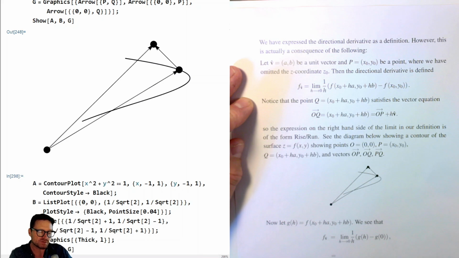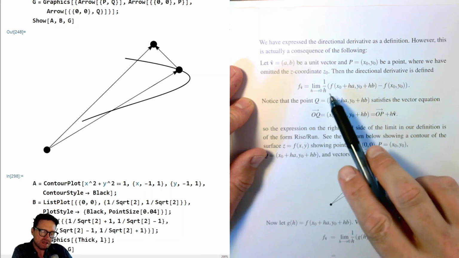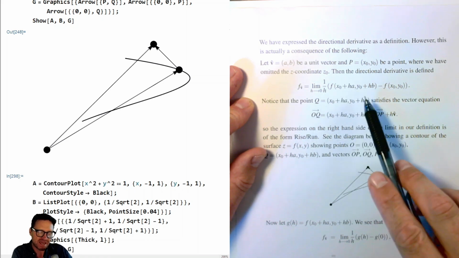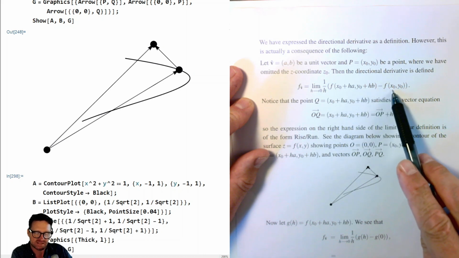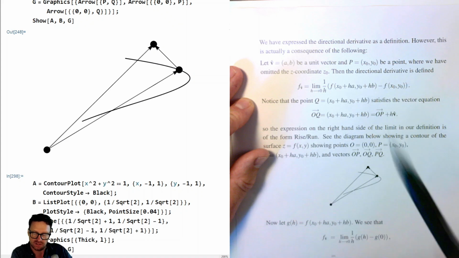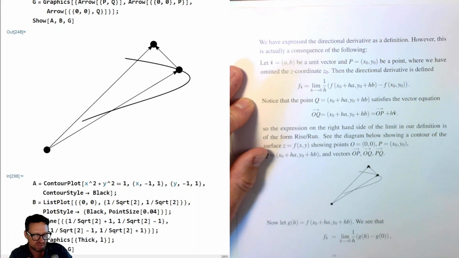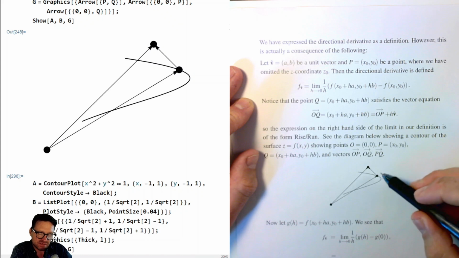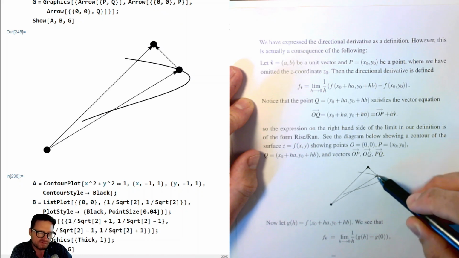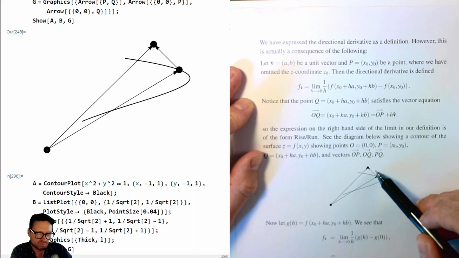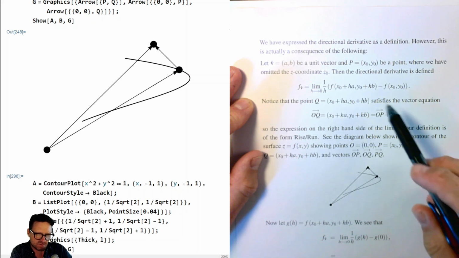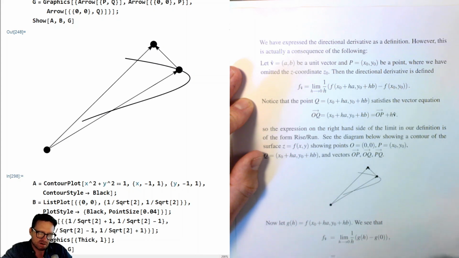We have f subscript v hat is the limit as h goes to 0 of 1 on h, f of x0 plus h times a, comma, y0 plus h times b, minus f of x0, y0. So what's happening there is we are stepping in the direction of the vector, scaled by h, and so this is a rise over run formula.